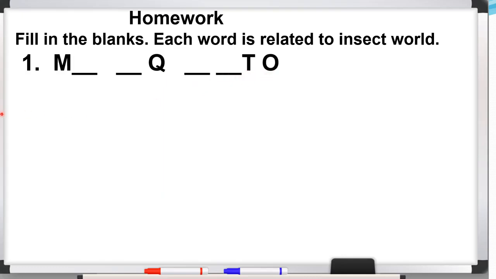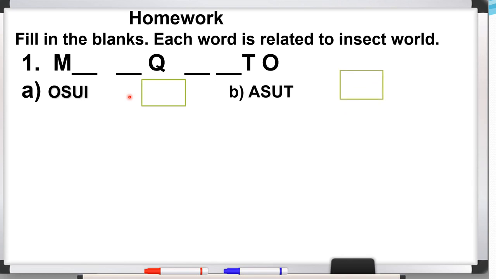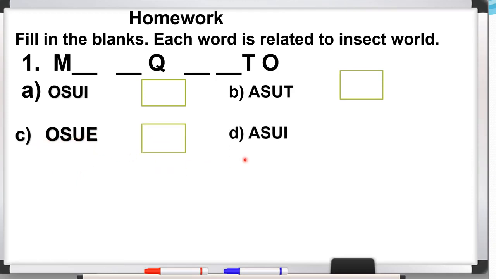Okay, and our options are: A, O S U I. Okay, and then in B A S U T, in C O S U E, and in D A S U I. So you have to fill these options in these blanks and then come to know which option is correct.